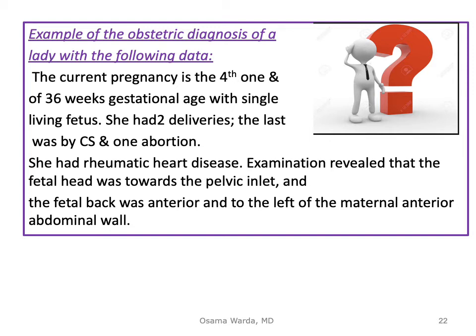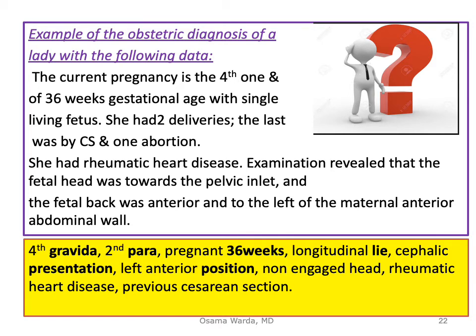What about the maternal disease, rheumatic heart disease? What about surgical procedure, previous cesarean section? So, fourth gravida, second para, pregnant 36 weeks, longitudinal lie, cephalic presentation, left anterior position, non-engaged head, rheumatic heart disease, previous cesarean section. This is how to formulate the obstetric diagnosis.